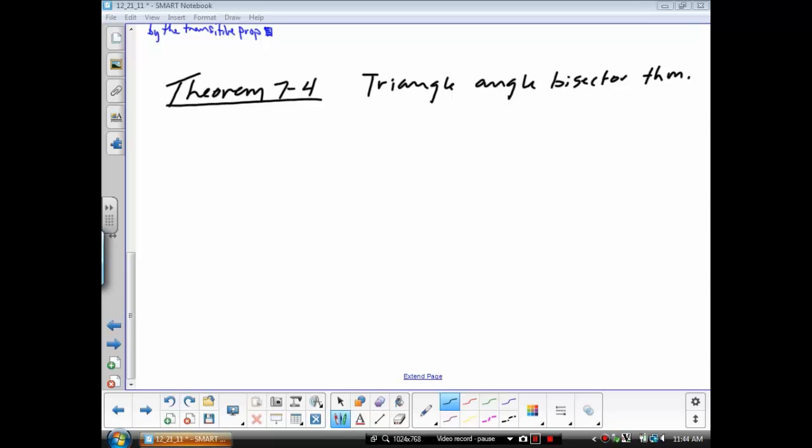What this theorem says is if a ray bisects the angle of a triangle, then it will divide the opposite side into segments that are proportional to the other two sides of the triangle. So when a ray bisects an angle of a triangle, then it will divide the opposite side into pieces that are proportional to the other two sides of the triangle.